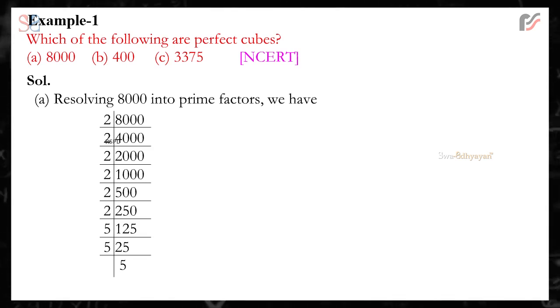On dividing 2000 by 2, we get 1000. On dividing 1000 by 2, we get 500. On dividing 500 by 2, we get 250. On dividing 250 by 2, we get 125. On dividing 125 by 5, we get 25. On dividing 25 by 5, we get 5.